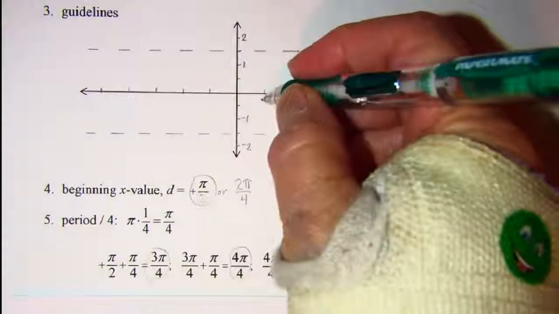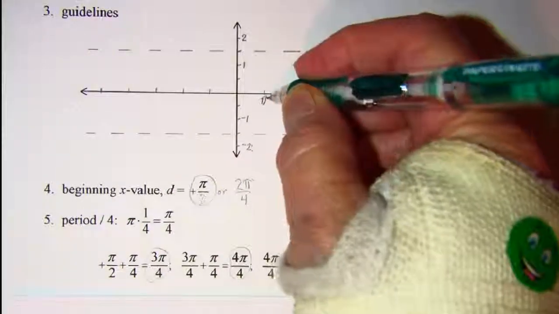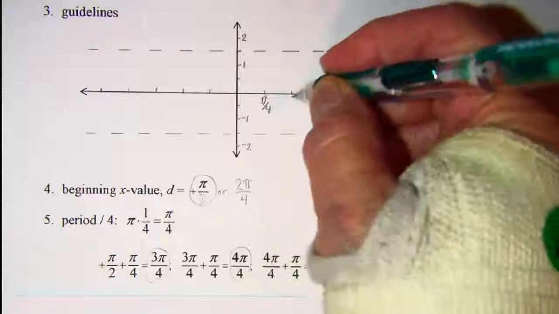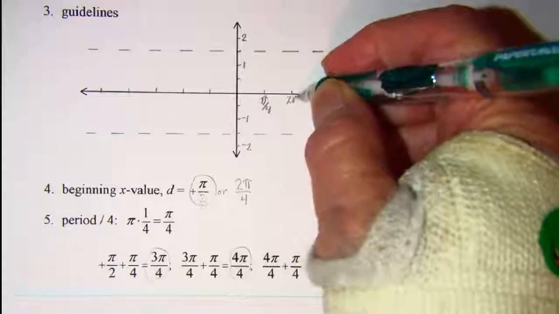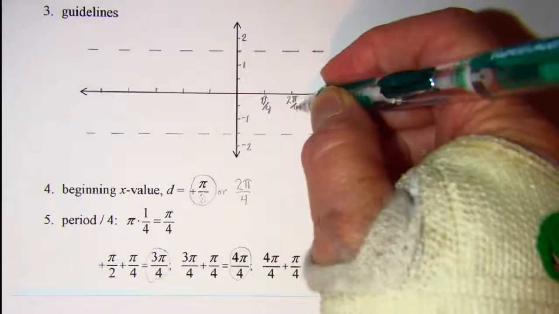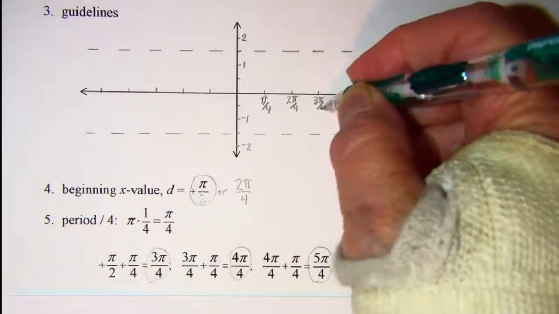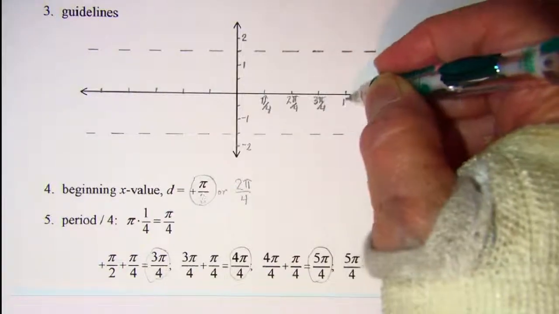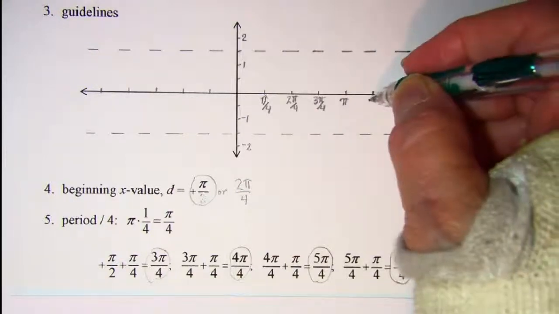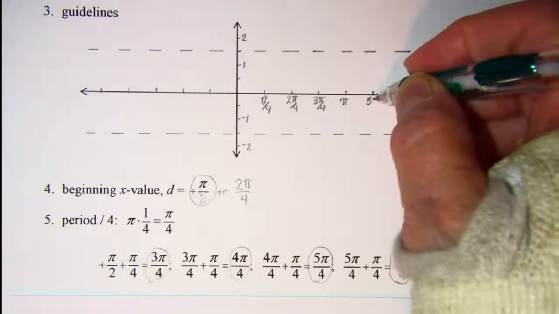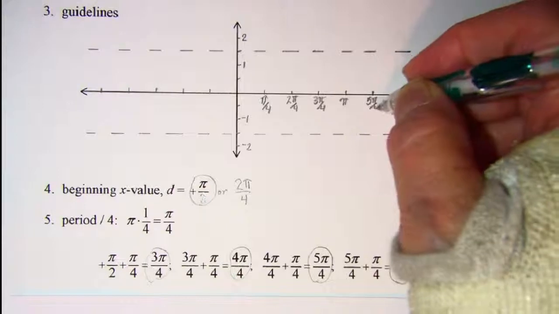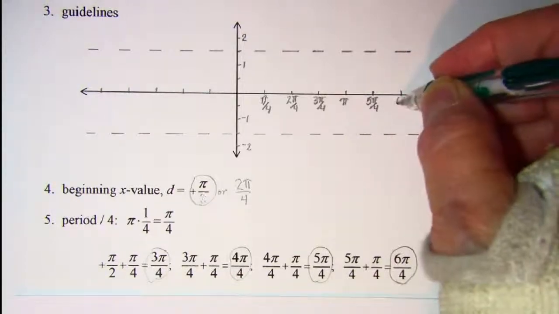So here we have pi over 4, 2 pi over 4, 3 pi over 4, 4 pi over 4, which is just pi, 5 pi over 4, 6 pi over 4.